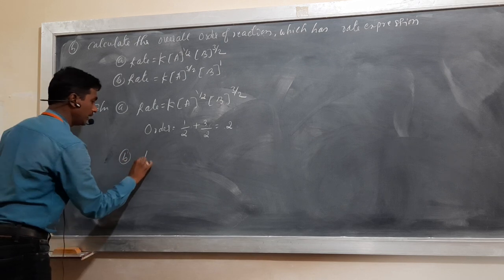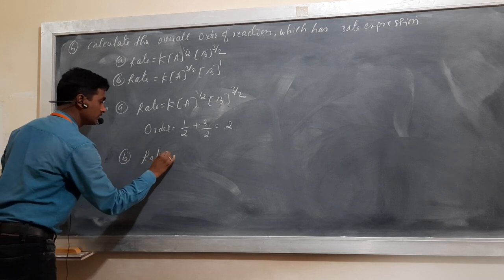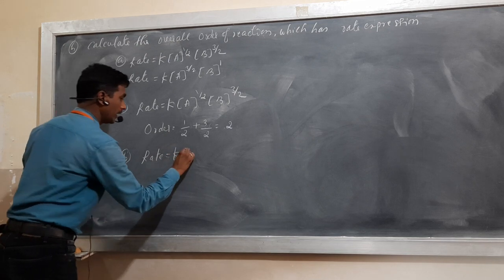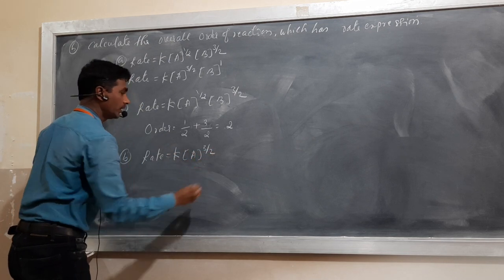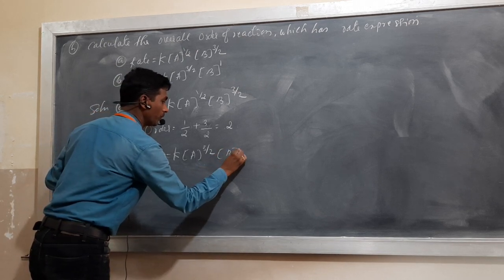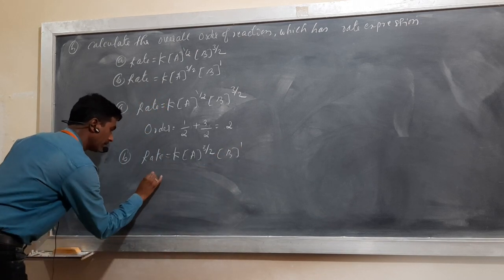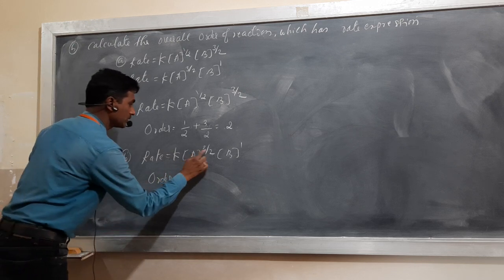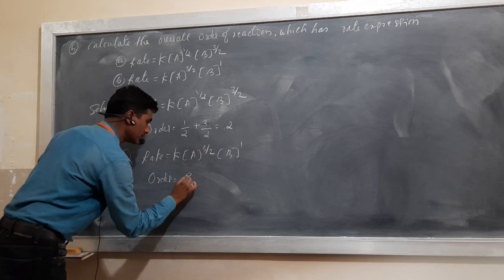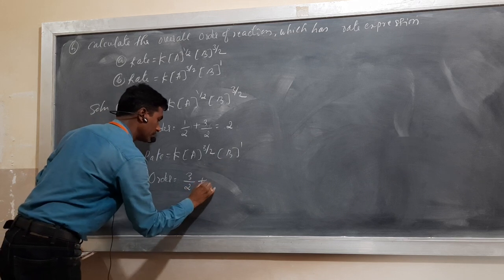And second, B. The rate is equal to K, and now it is A to the power of 3 by 2 and B to the power of 1. So similarly here also, order is the sum of the powers. The power of A is 3 by 2 and the power of B is 1.